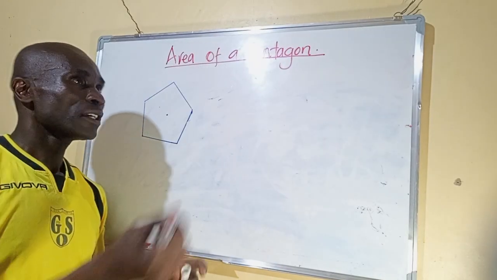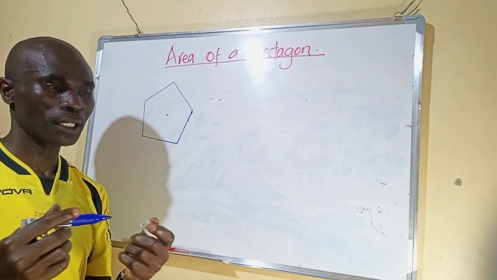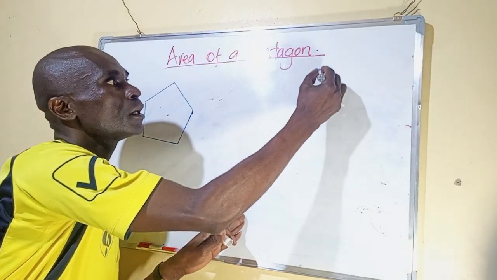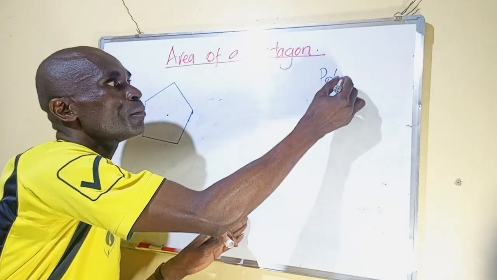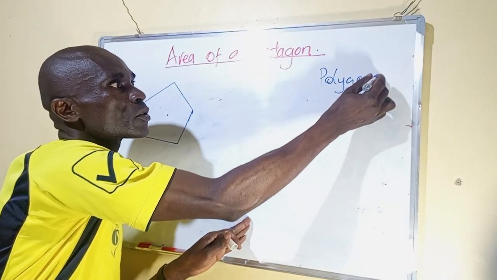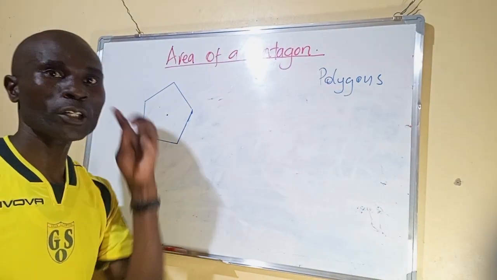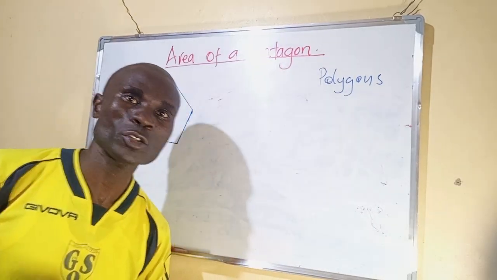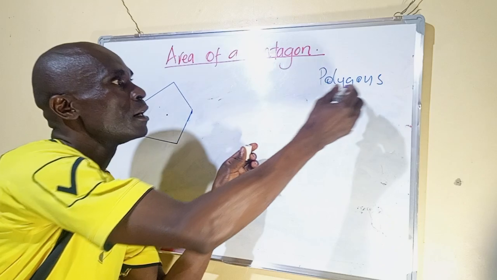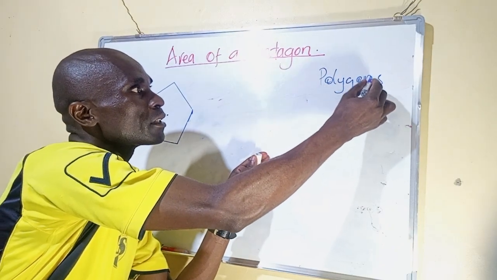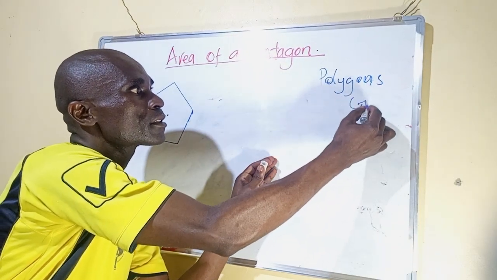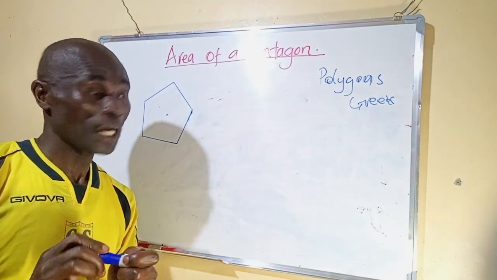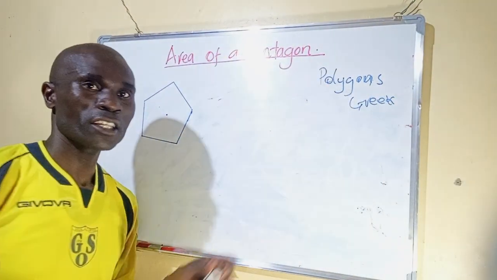This is the area for pentagon, and pentagon simply comes from a family of polygons. Anytime we are talking about polygons, the word is Greek, and we need to know that it is divided into two.